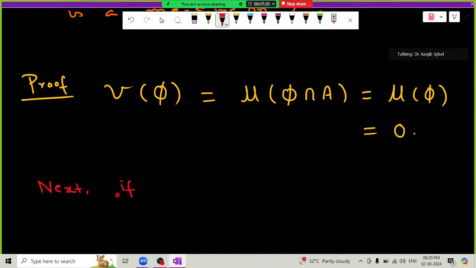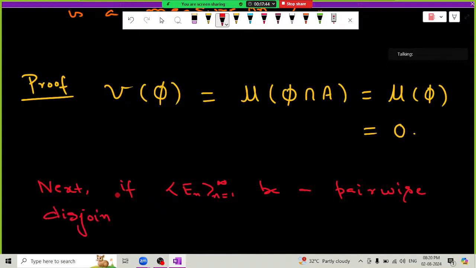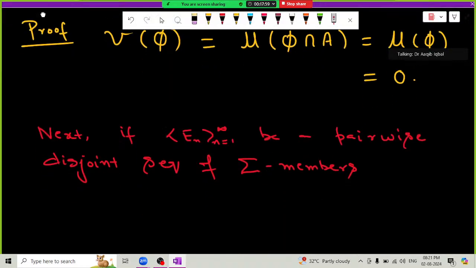if En, running from 1 to infinity, be a sequence of pairwise disjoint capital sigma members. Rather, technically speaking, I should write: be a sequence of pairwise disjoint capital sigma members.